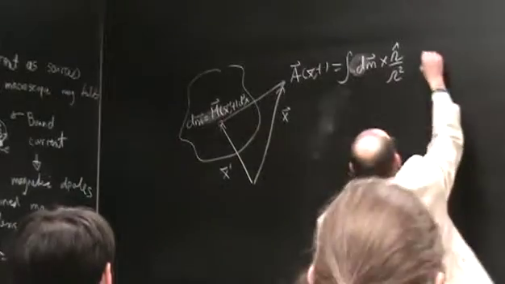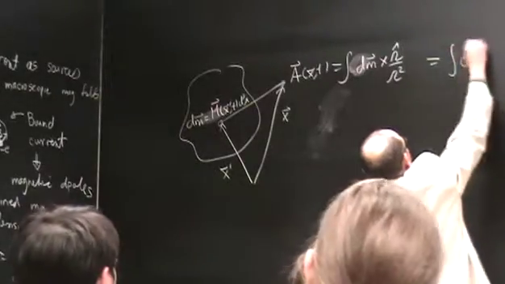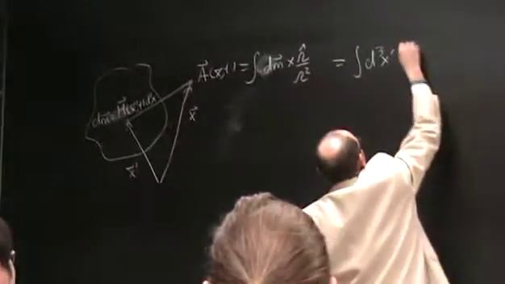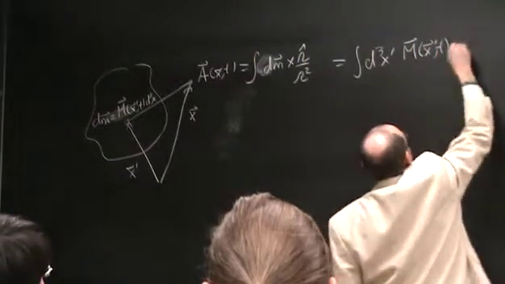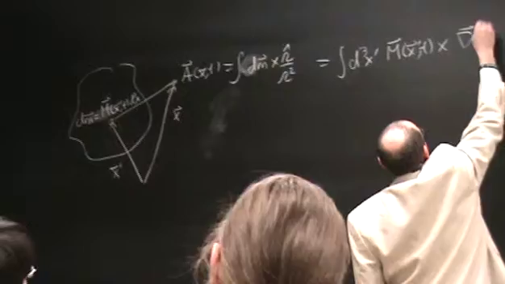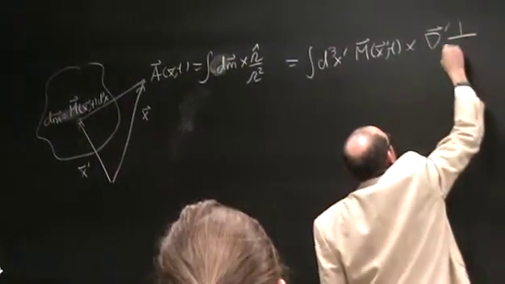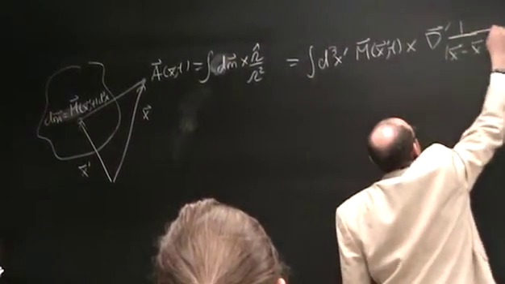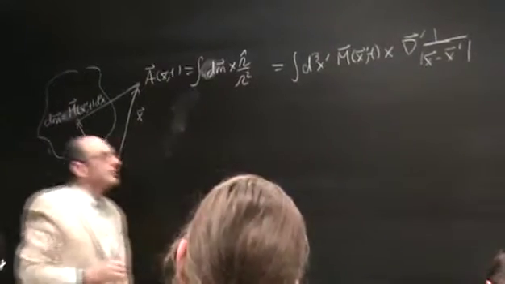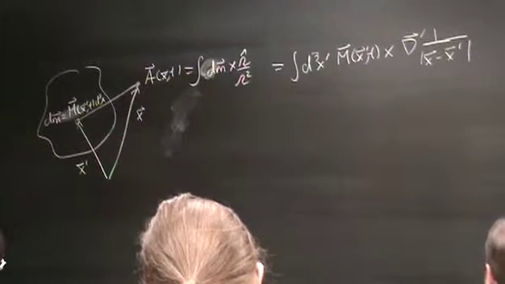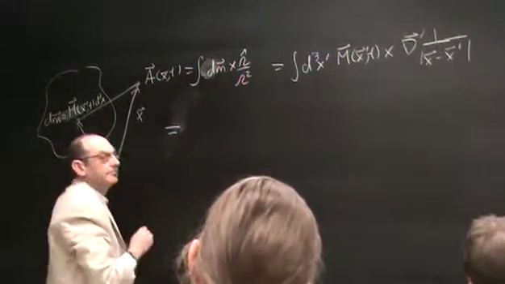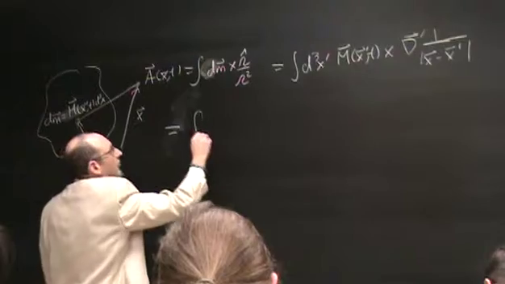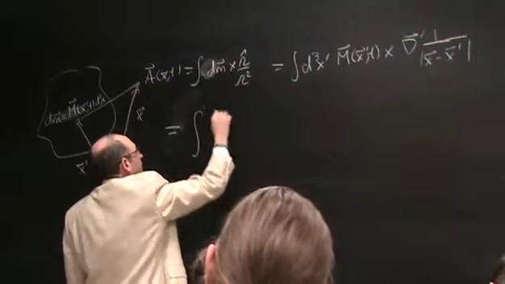So we can play the same trick that we did before, d cubed x prime, M of x prime and t, now crossed into del prime of 1 over the distance. And so we can again do our integration by parts, and we get a surface term.